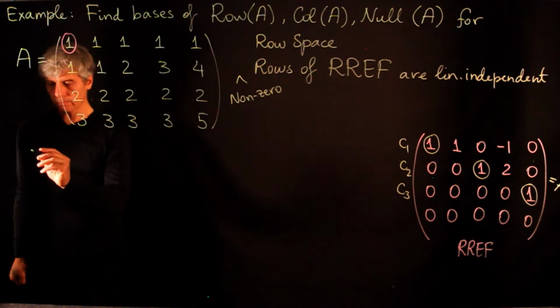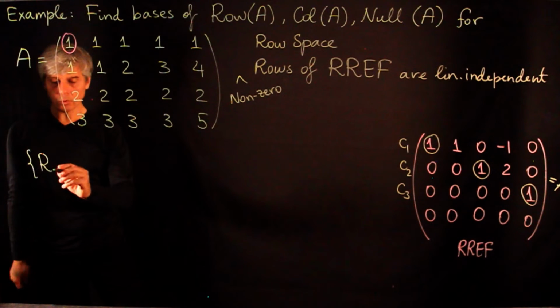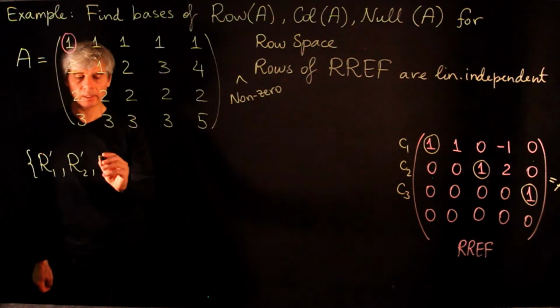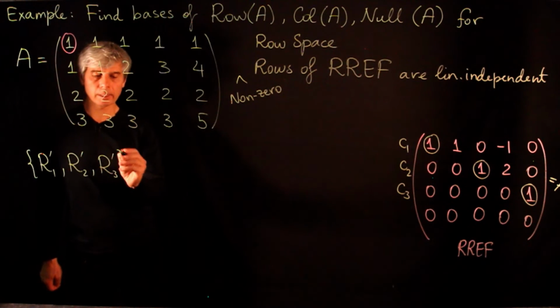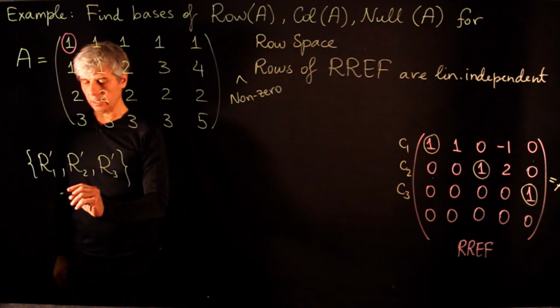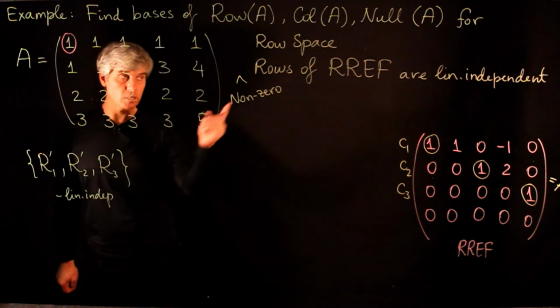So now let us look at this set. Let's take the non-zero rows of reduced row echelon form, R1 prime, R2 prime, and R3 prime. What we know is that this set is linearly independent, as we have seen.